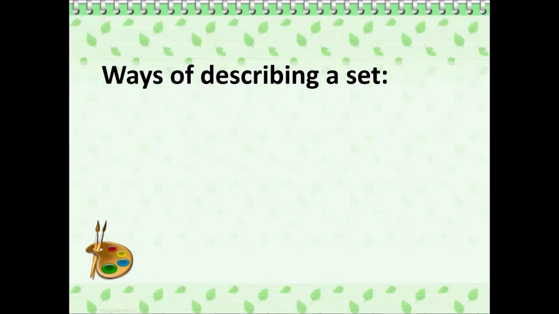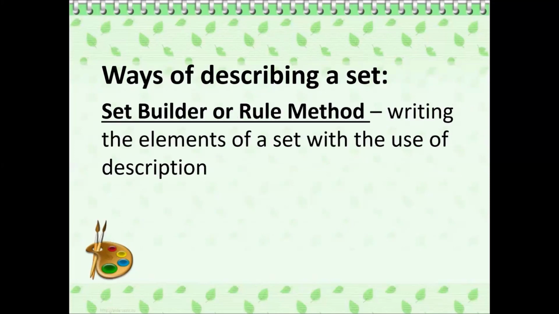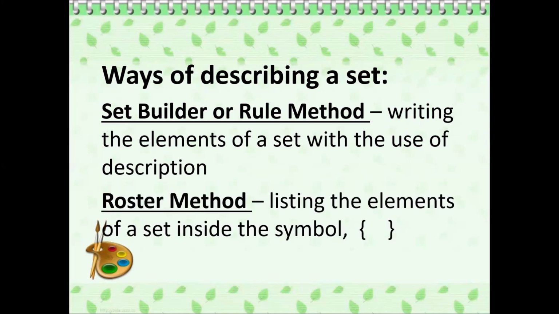We also have three ways of describing a set: by description; set builder or rule method, which is writing the elements of a set with the use of description; and the roster method, which is the one we commonly use, listing the elements of a set inside the symbol brace.